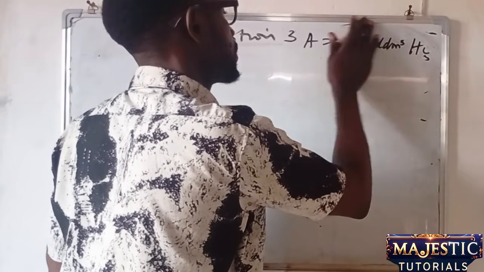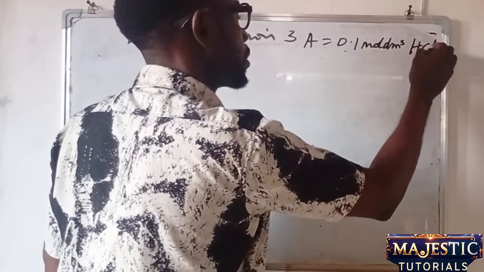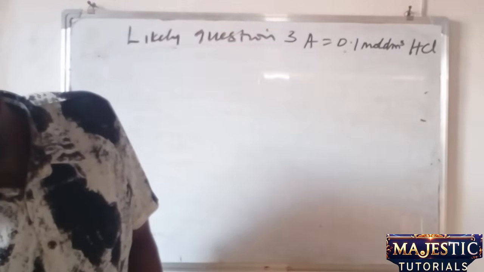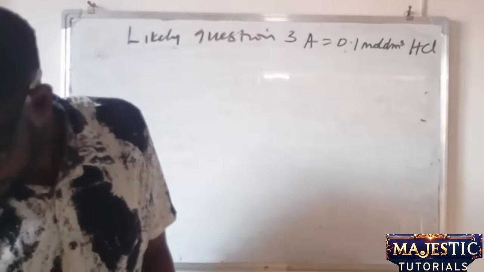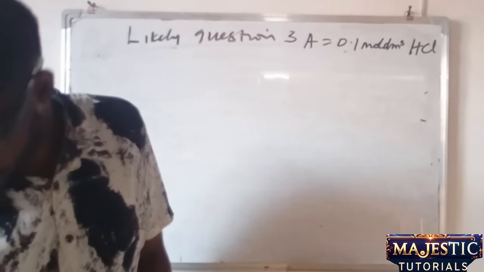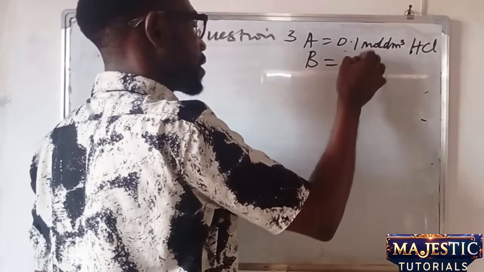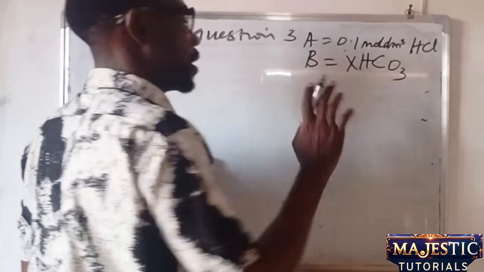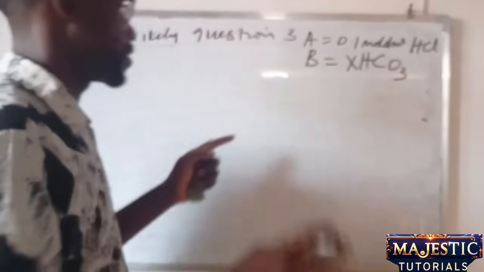Alright. Then B, question 3 told us that B is a solution of XHCO3. So nothing is given about B, they just mentioned it.